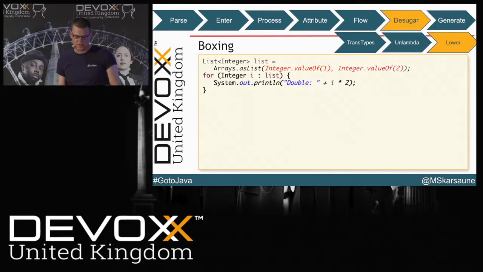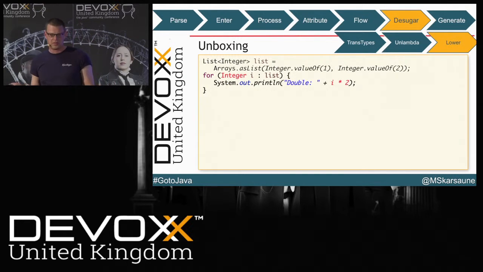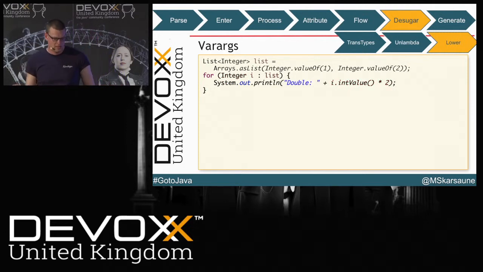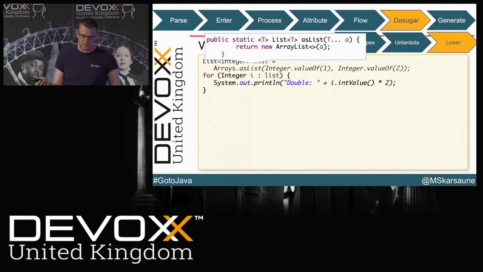This is the autoboxing, so it will box these integers to make them proper objects. And inversely, we have an Integer, which you see we use in the calculation further down, which is also not possible. So here we will unbox it back. And then we see this method here, asList, is a varargs, so you can use 0 or more arguments when you call it.